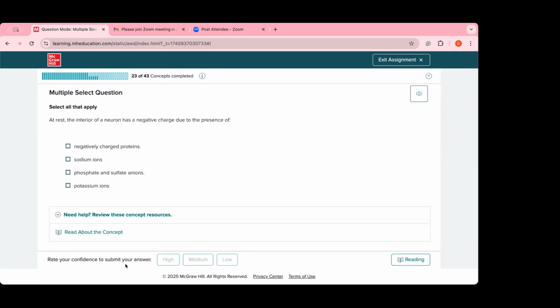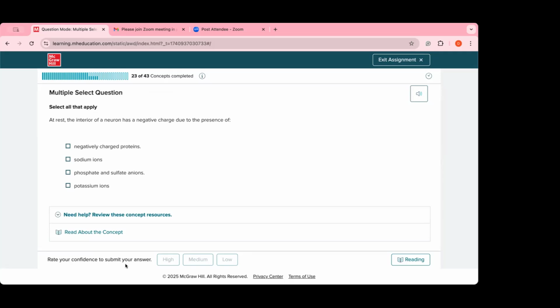At rest, the interior of a neuron has a negative charge in the presence of... select all that apply. Okay, they told us. I don't remember.